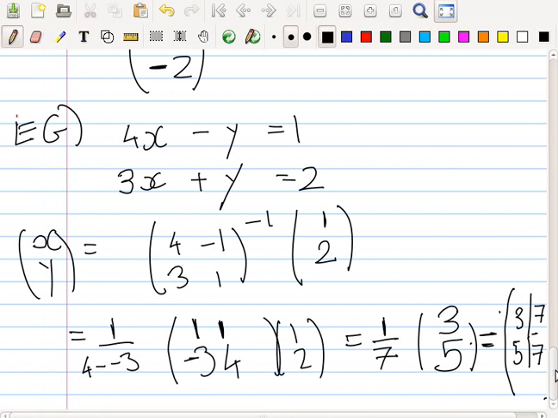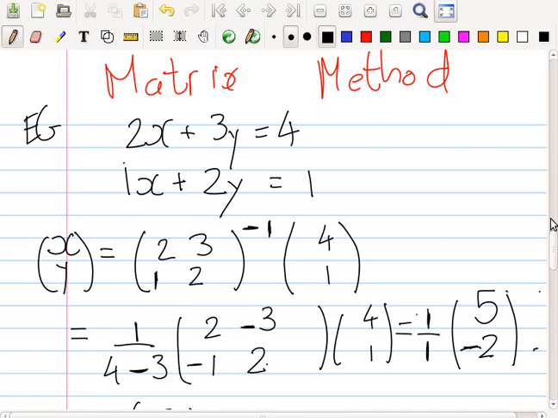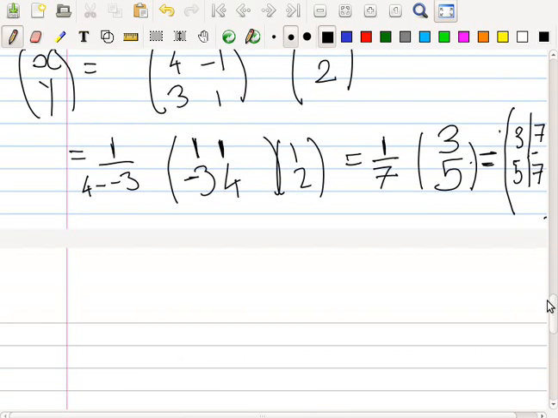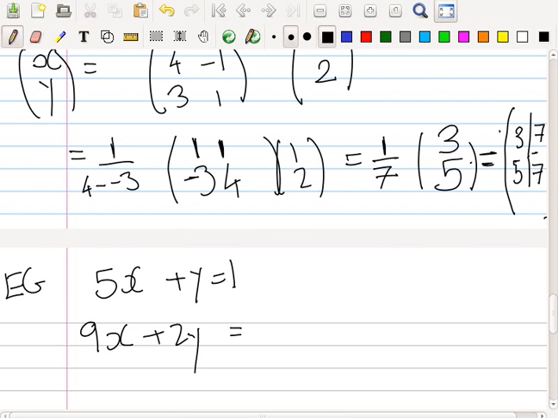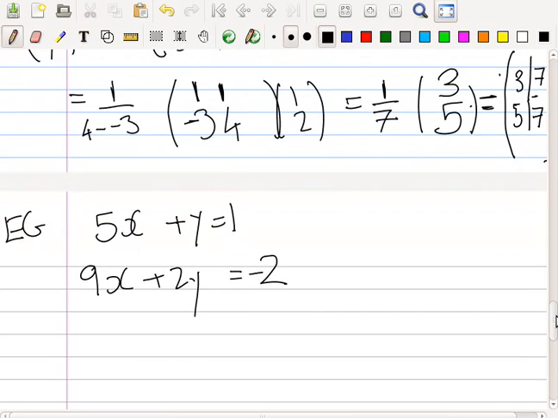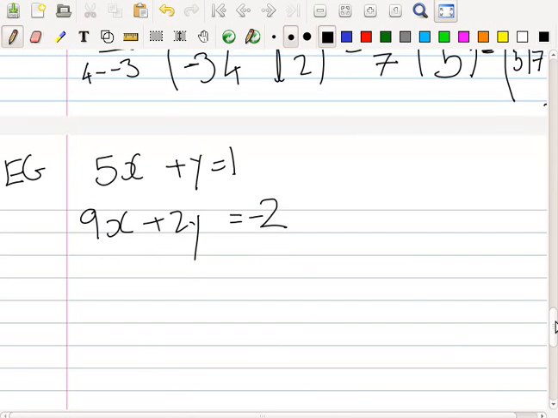Okay, I want to give you one to try, see how everybody gets on, then I'll put the answer up. Okay. Right, so I want everybody to try this one as an example. 5x plus y equals 1, and then 9x plus 2y equals minus 2. Okay. I want everybody to try and find x and y for me using the matrix method that I showed you.